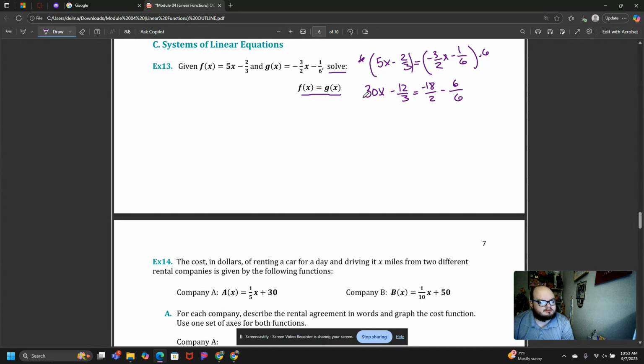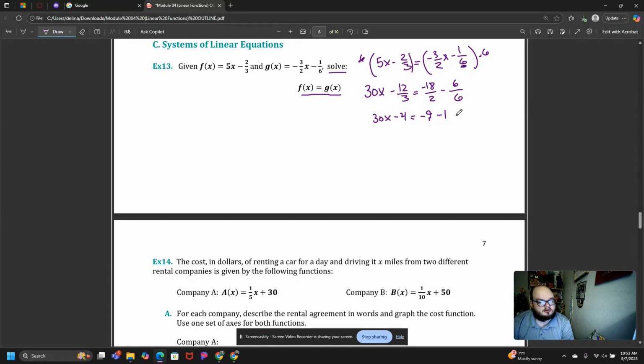Well, this should collapse nicely. That's just going to be 30x. 12 divided by 3 is just 4. 18 divided by 2 is 9. And 6 divided by 6 is 1. Okay. So that's nice. So multiplying by that largest denominator there worked out really good for me.